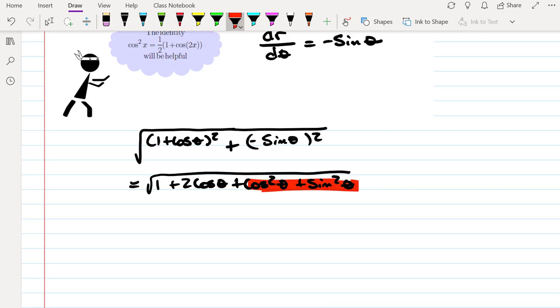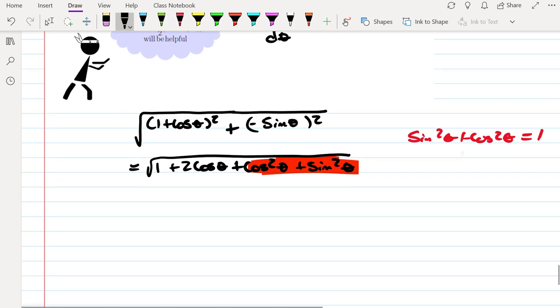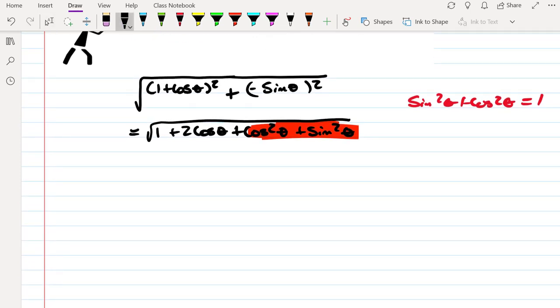By the Pythagorean identity, sine squared theta plus cosine squared theta is equal to 1. So 1 plus 1 inside our radical gives us 2 plus 2 cosine theta.